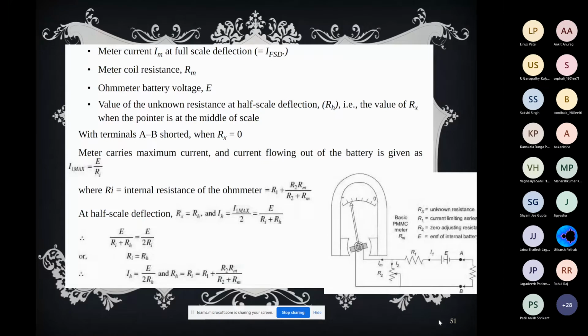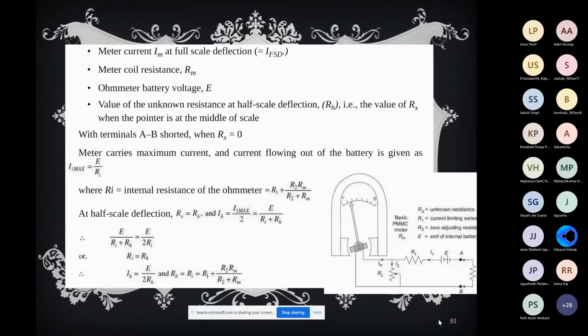So if I ask what will be the value of the resistance to get the half scale deflection, you can easily calculate it: it is Rh, which is equal to R1 plus R2 Rm by R2 plus Rm.